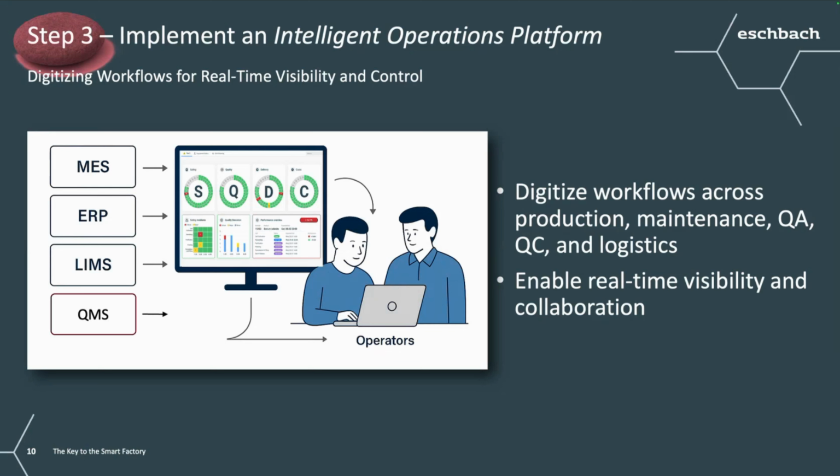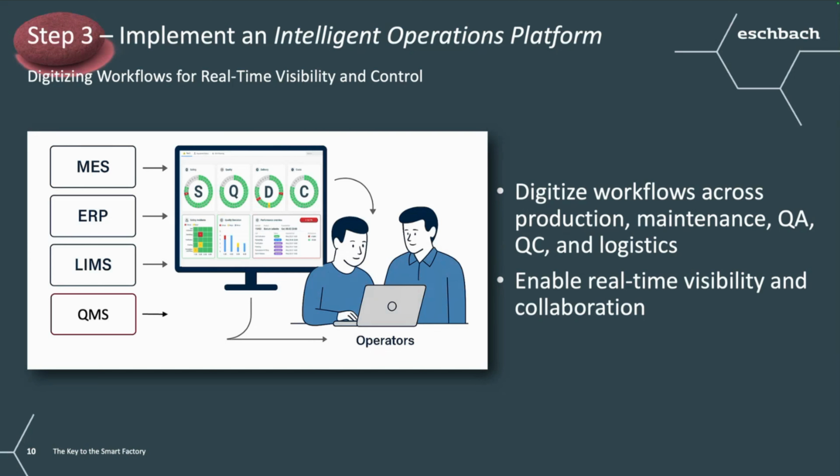So we call that an intelligent operations platform that sits in the center of all your digitalization effort, implementing digital tools like MES, LIMS, and QMS. In the middle of that is the intelligent operations platform that provides you with all the information.